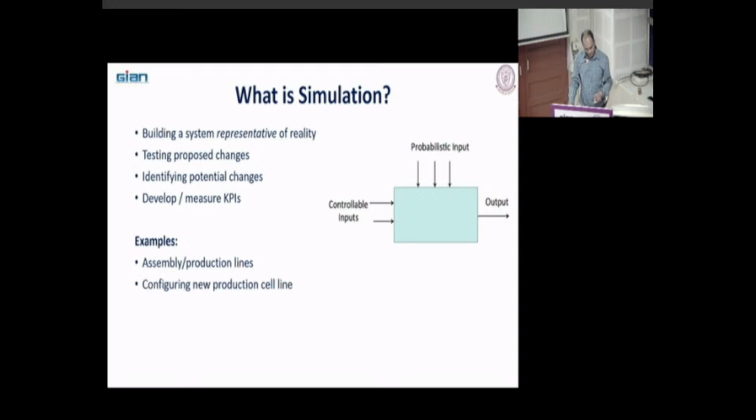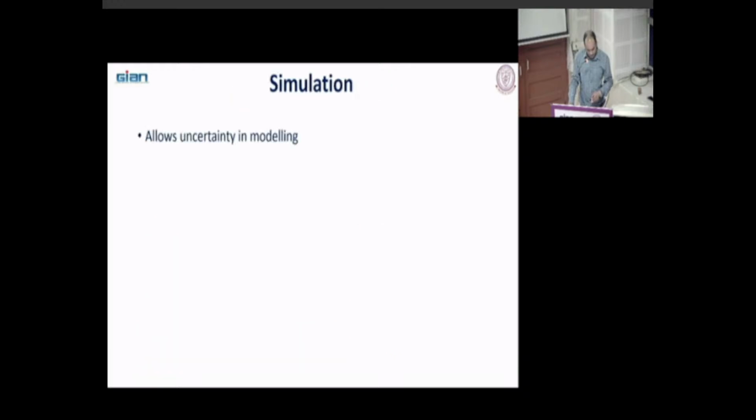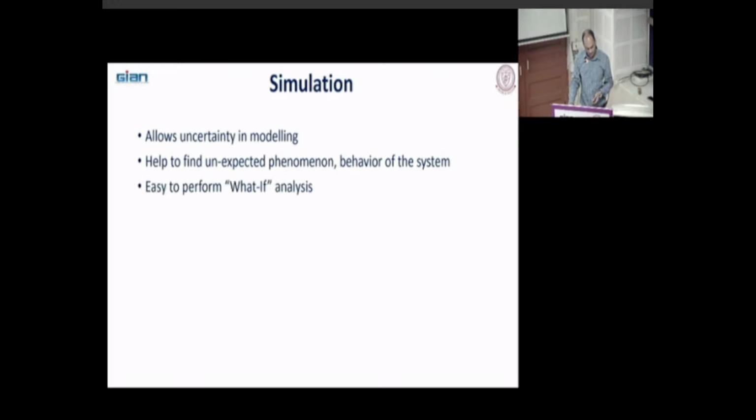Examples: assembly production lines, configuring new production cell lines, supply chains. Some of the benefits are observation of time and dynamic interactions. It allows uncertainty in modeling and helps to find unexpected phenomena, meaning you can predict the delays and what-if scenarios.